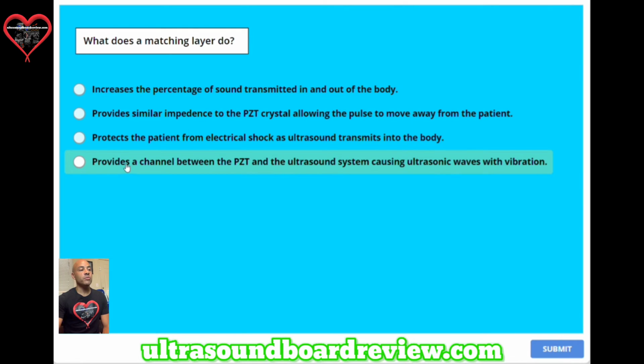Or D, provides a channel between the PZT and the ultrasound system, causing ultrasonic waves with vibration. The answer is A, increases the percentage of sound transmitted in and out of the body.